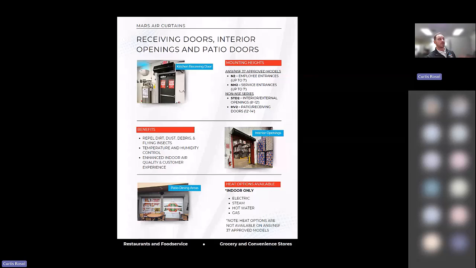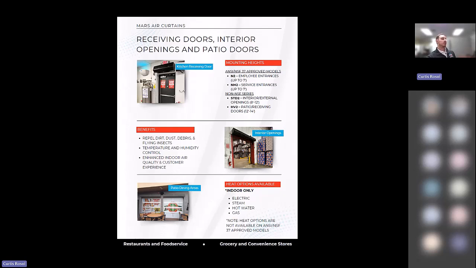We also do a lot of patio dining areas that you see on the bottom there. A really common thing that we're seeing nowadays is a lot of restaurants like to have an open seating atmosphere where they've got big roll-up doors or accordion style doors that open up to the outside environment, and obviously a really cool atmosphere to dine in, but you also introduce potential issues with fly control or temperature control.